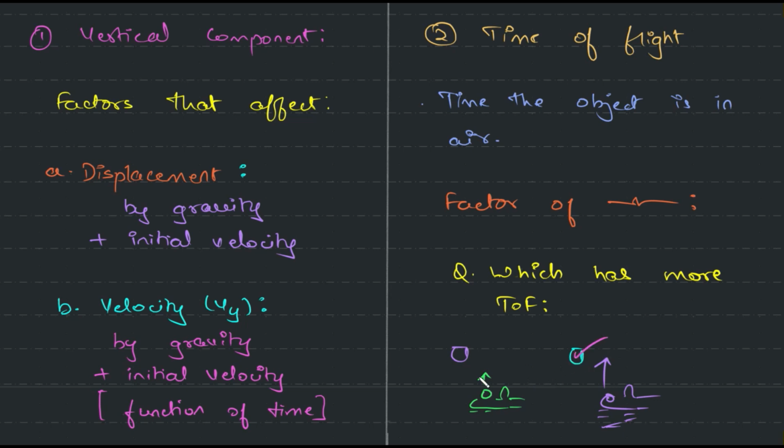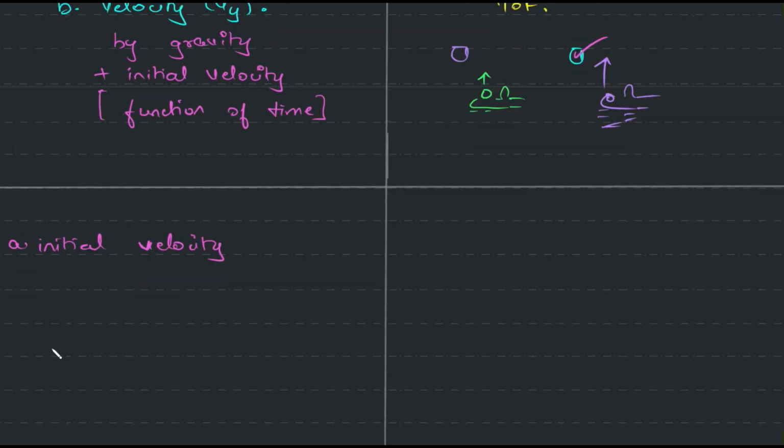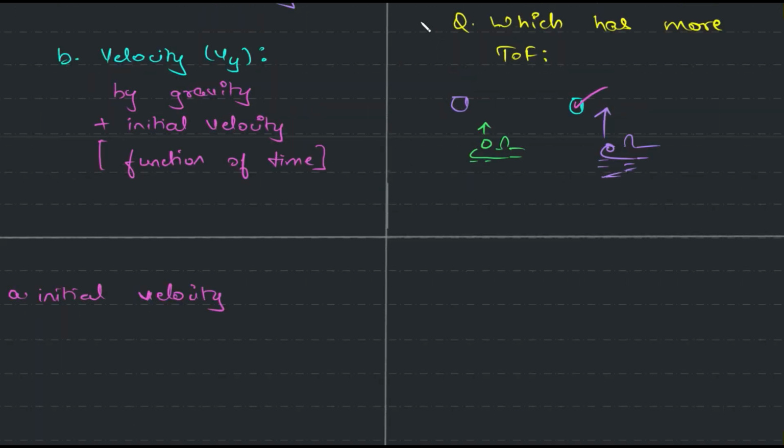Yes, it is 2. So basically, the factor that will affect is your initial velocity. Okay. So A is your initial velocity.